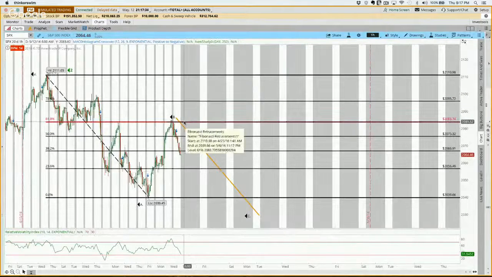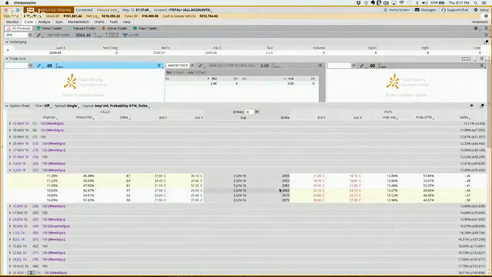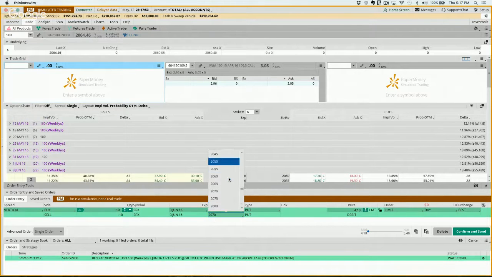Okay, so the strike prices will be 2083 and above. So we have 2080 and 2085.